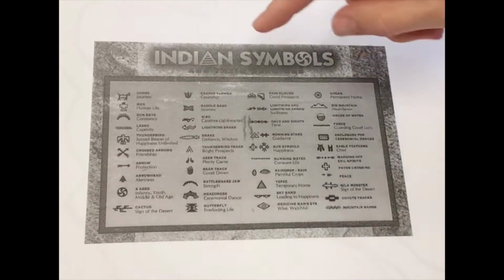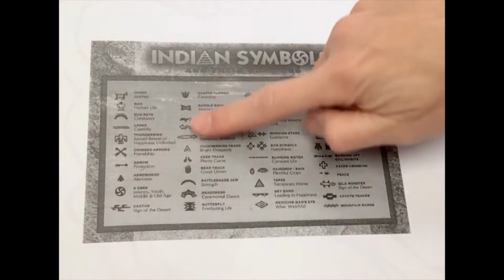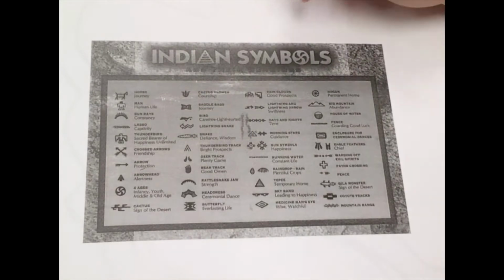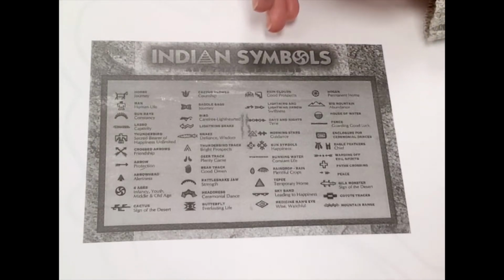So I have this handy dandy sheet, and there's tons more of these online. You're welcome to look up American Indian symbols and their meanings, and you're going to see lots of them. And so the thing that I would say is don't just copy, but somehow make it your own, okay? Because it's not very creative to copy someone else's idea, right?